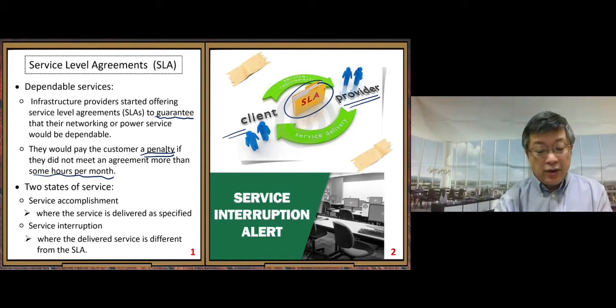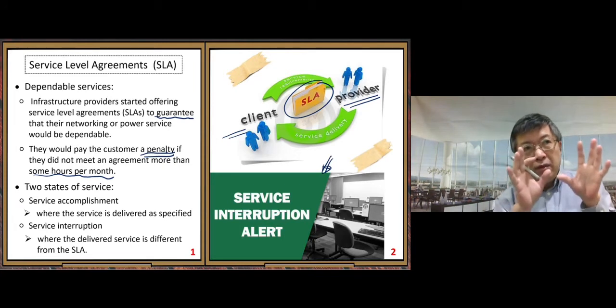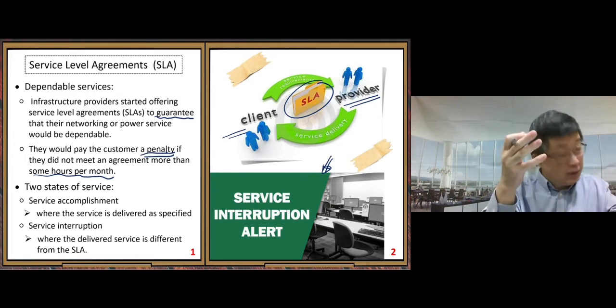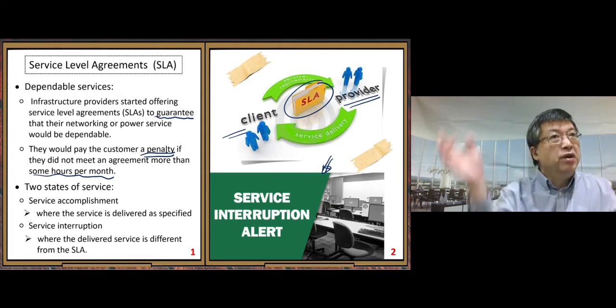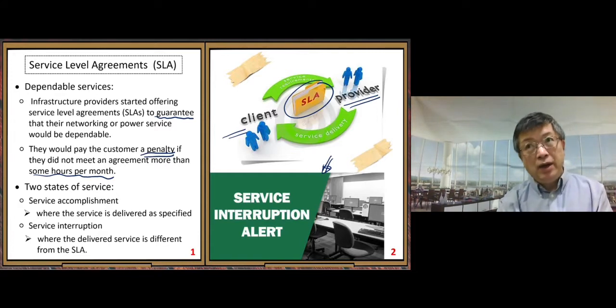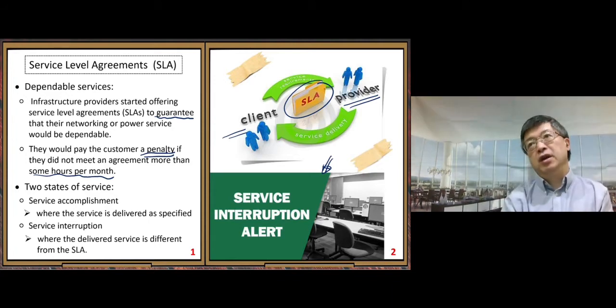So if it's possible, you need to send an alert or do some preparation to help your customers reduce the loss due to the service interruption. So that is very important. Only in that case will the customers be happy, so they will keep using your service. Otherwise, they will change to a different provider.